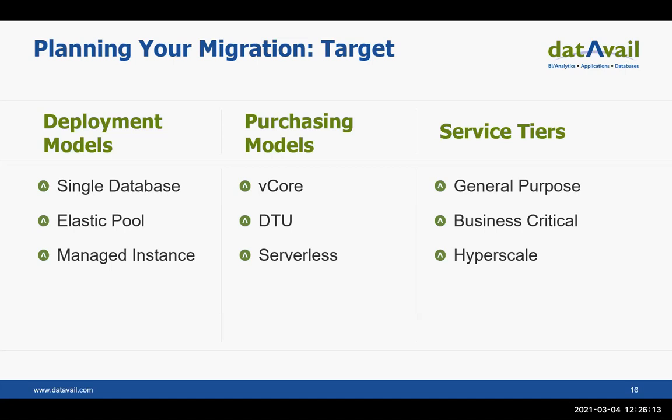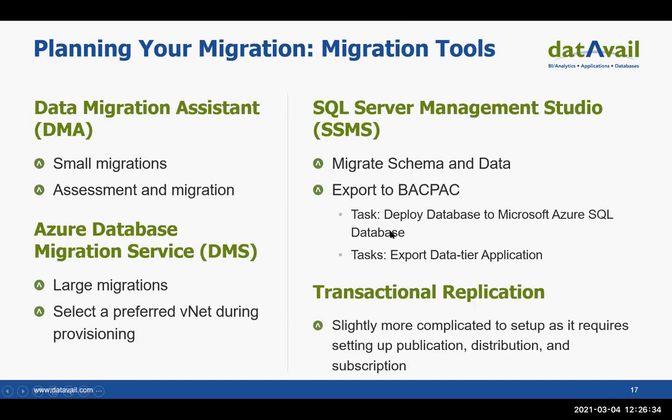Like this pricing model, you choose between vCore, DTU, or serverless. It depends, right? Of course, for new ones, choose the vCore, right? The service tiers, you need to choose between 3 service tiers for different types of applications. Okay. General purpose, business critical, and hyperscale. In the previous slide, we already went over them.